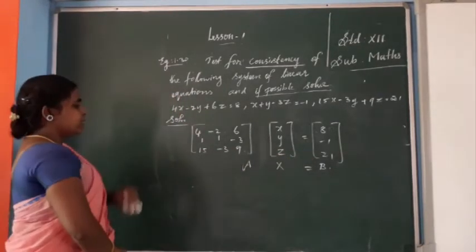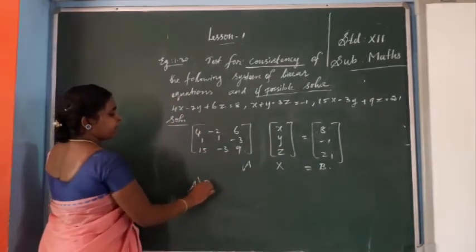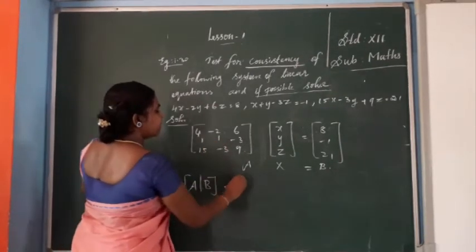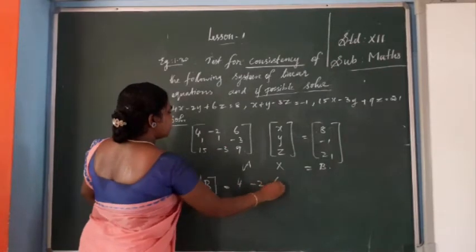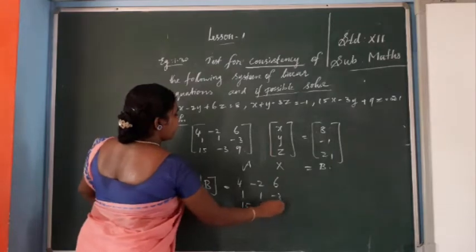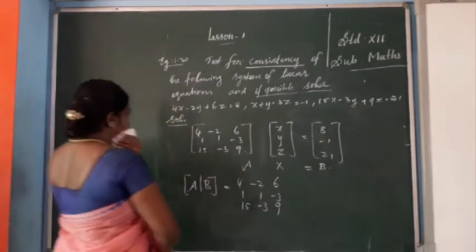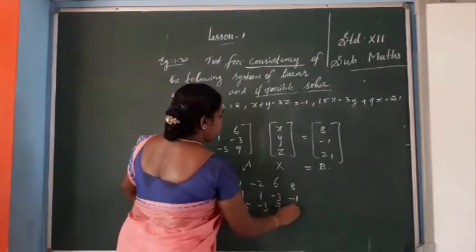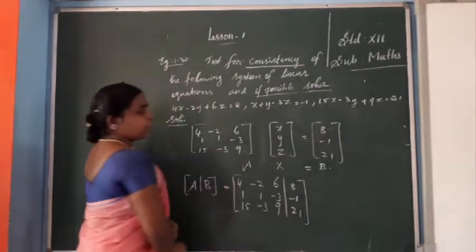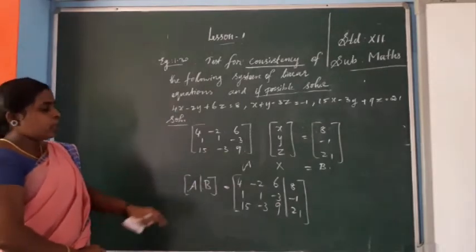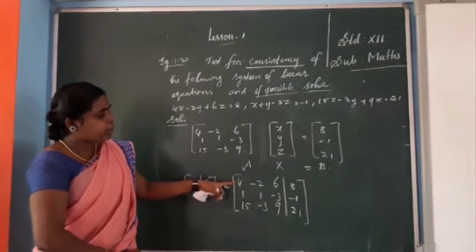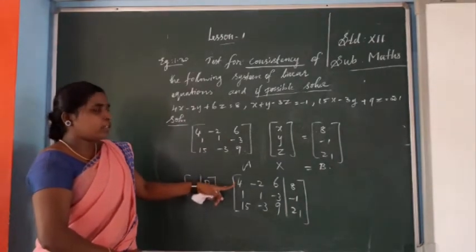Okay. Next, you have to form the augmented matrix A bar B. So A bar B equal to, first A is 4 minus 2 6, 1 1 minus 3, 15 minus 3 9. Okay, then B is 8 minus 1 21. Next, you have to convert the matrix into row echelon form. So you need to first place a non-zero element.